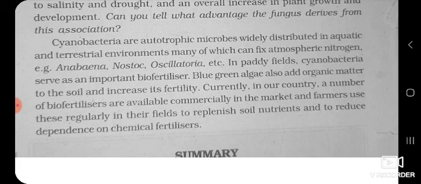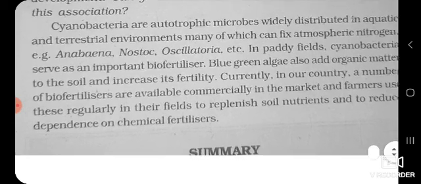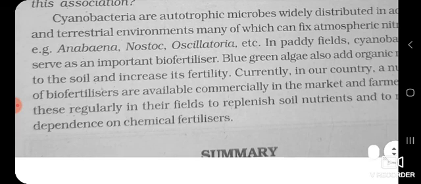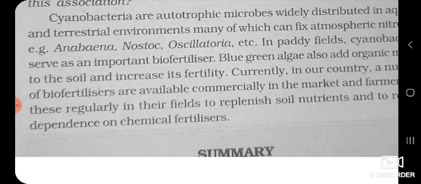The last part of this biofertilizer topic is that cyanobacteria are autotrophic microbes, which is also discussed in our state board syllabus. These cyanobacteria are aquatic and terrestrial, and they also fix atmospheric nitrogen. We have to remember the examples: Anabaena, Nostoc, Oscillatoria. These are the blue-green algae or cyanobacteria.